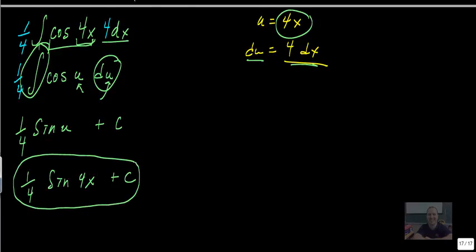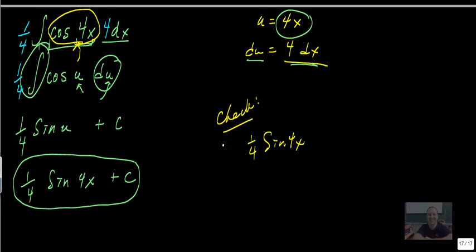So a quick check. We better check this. Good idea to check it. What you would do is take the derivative of this right here to see if it matches up with the original function. So 1/4 sine of 4x. If I take the derivative of this with respect to x, I get 1/4.